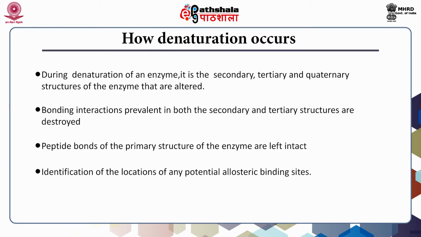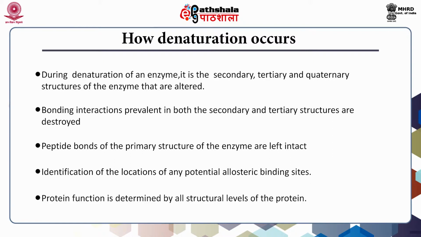The peptide bonds of the primary structure in the enzyme are left intact, since the denaturation reactions are not strong enough to break such bonds. Since the protein function is determined by structure, the protein can no longer perform its function once it has been denatured.